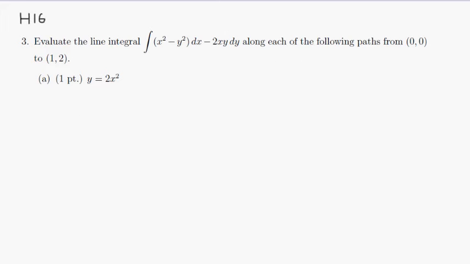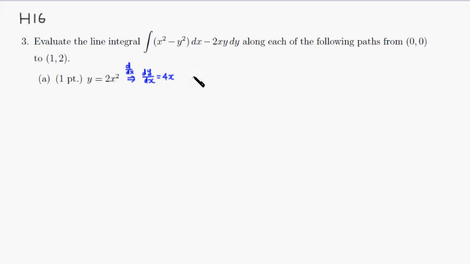First thing we would do is find dy. We take the derivative of both sides. I'm going to take the derivative with respect to x, so you have dy over dx, which gives you 4x.